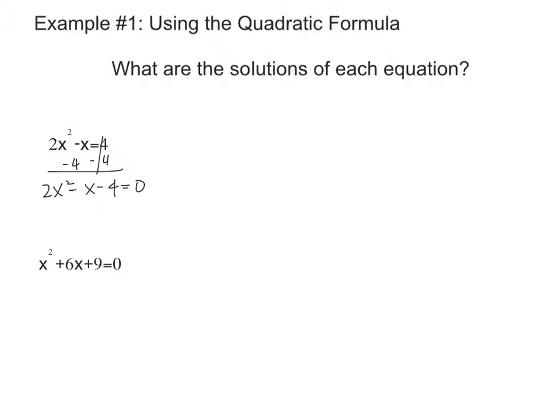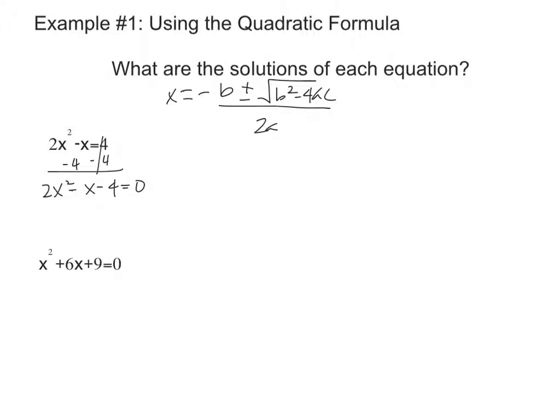If we substitute that into the formula, x equals negative b plus or minus the square root of b squared minus 4ac all over 2a. Let's start substituting.